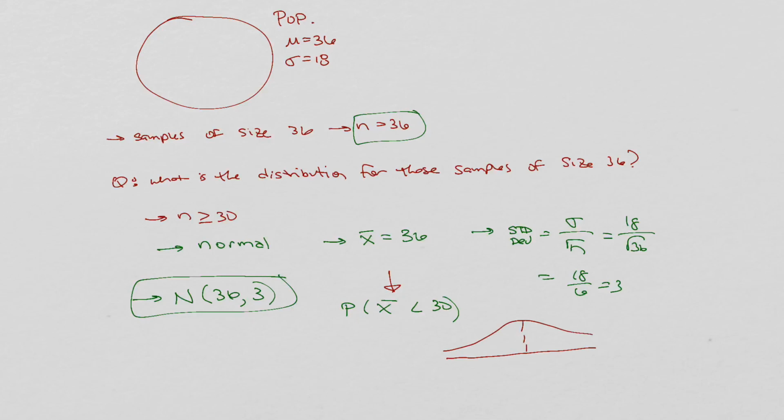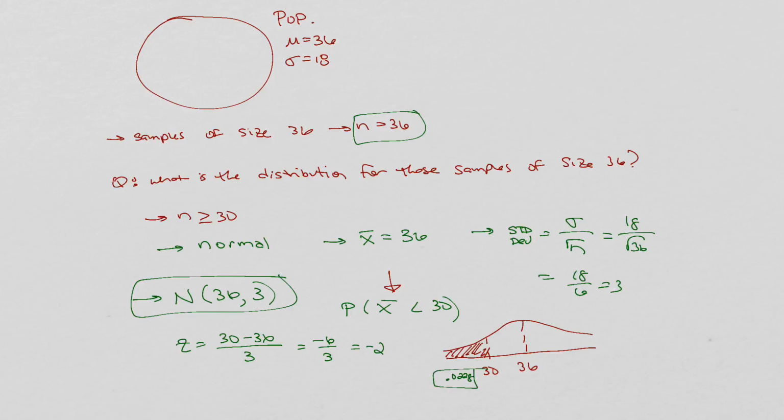So there's the average 36, there's 30, and I want to find the probability this sample is at 30 or less. So let's get our z-score. So it'll be 30 minus the average, and the standard deviation for the samples is 3. So it's minus 6 over 3, which gives me a minus 2. And if you look up negative 2 in your charts, you get 0.0228. So that's its probability.